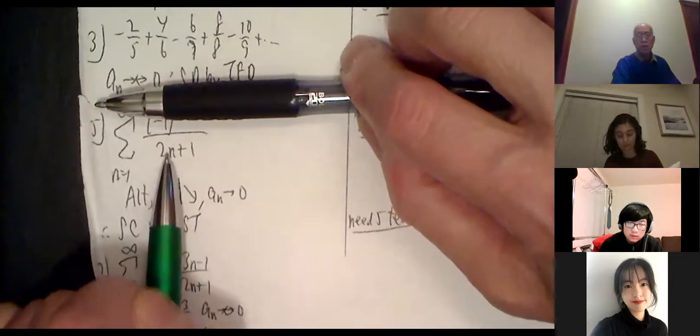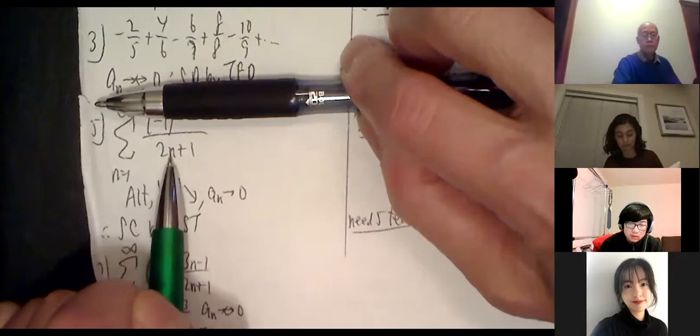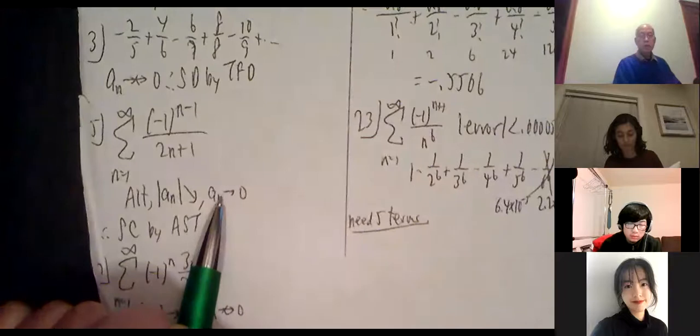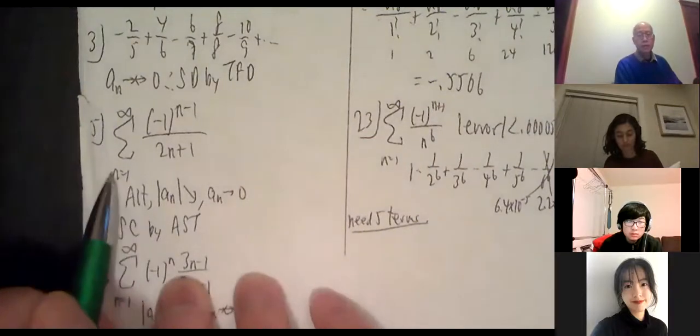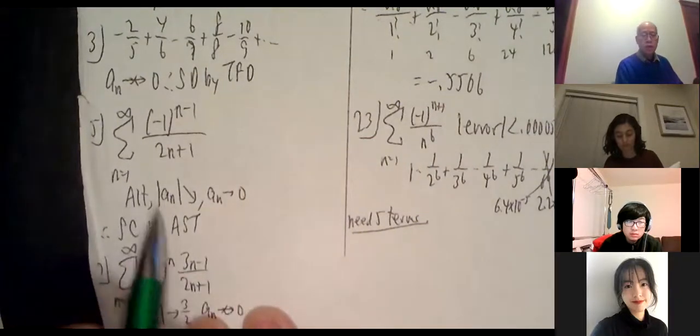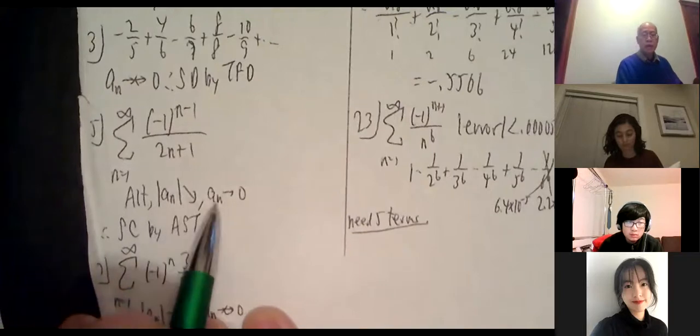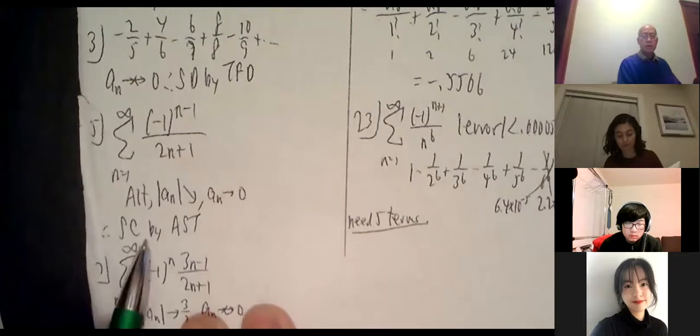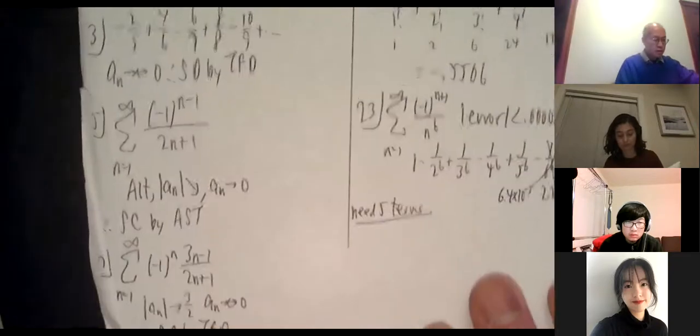If I plug in a million, 1 over 2 million and 1, 1 over 2 billion and 1, that does approach 0. So how would I write it on the quiz or test or homework? It's alternating. Absolute value of a sub n decreases, and a sub n approaches 0. Therefore, the series converges by the alternating series test.